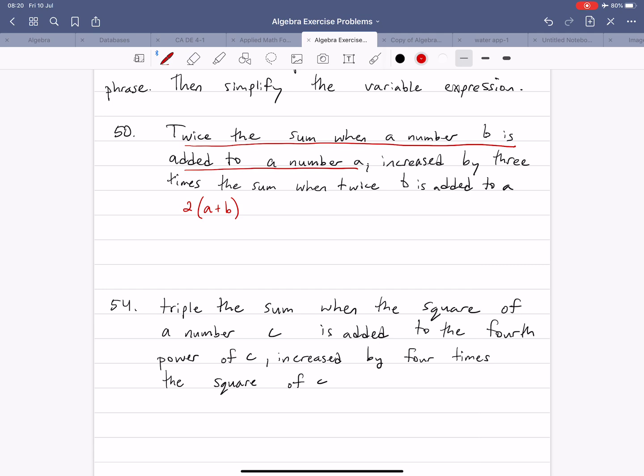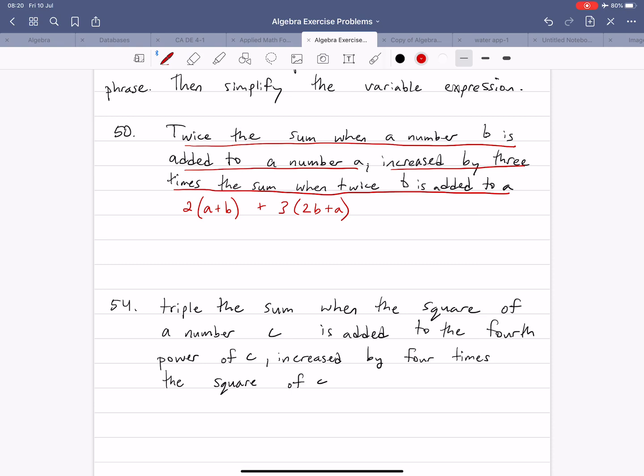And then it says increased by 3 times the sum when twice b is added to a. So now I've got a new sum of twice b added to a, and it's going to be 3 times that.